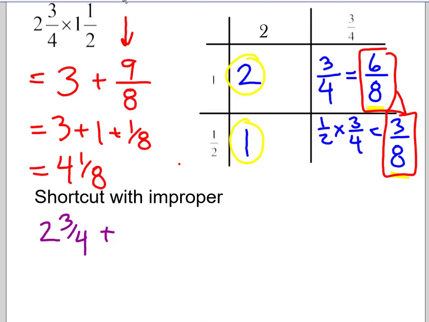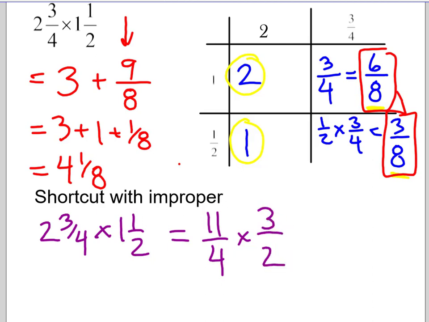Come on, where's my eraser? There it is. Times 1 1/2. Okay, so if we convert these to improper, 4 times 2 is 8, plus 3 more is 11/4 is the first term, and then 1 1/2 is, oops, not 7, 3/2. Must be late at night when I'm making this.